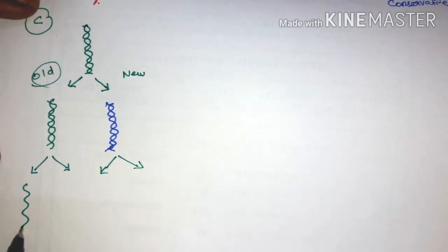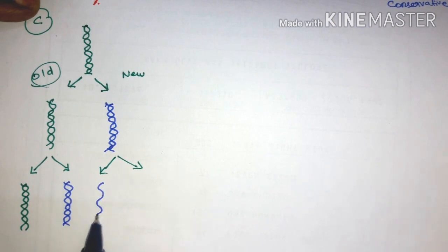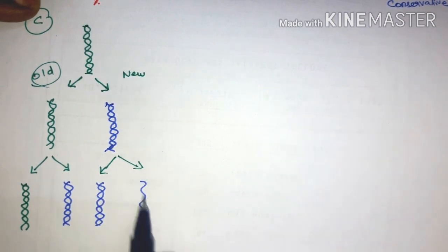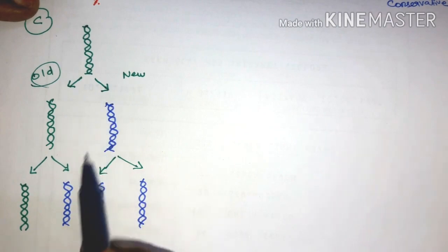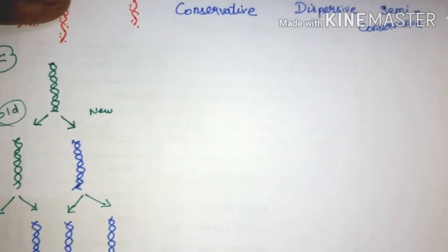In this case one must be old, that is preservation of parental characters. All the other three have some new characters, the new generation. So here the parental characters are being preserved all the way through the generations, and new characters are preserved in their own way through the generations.